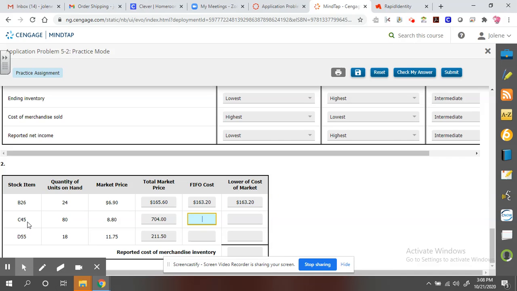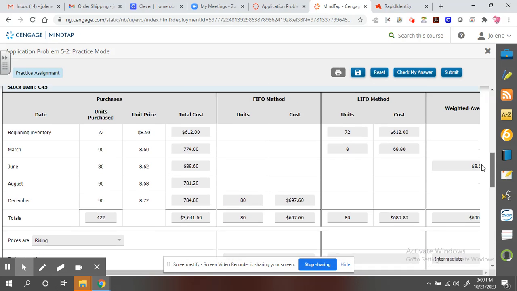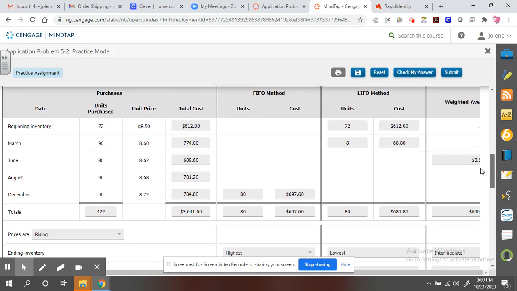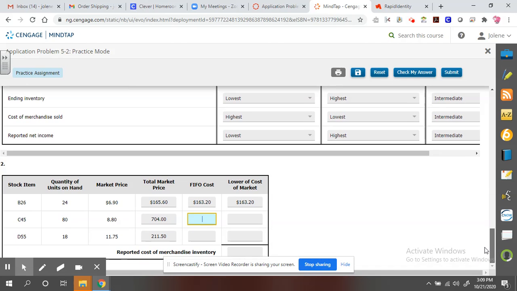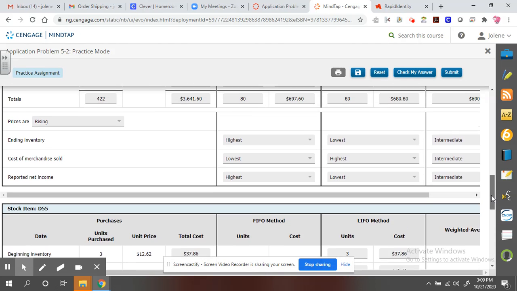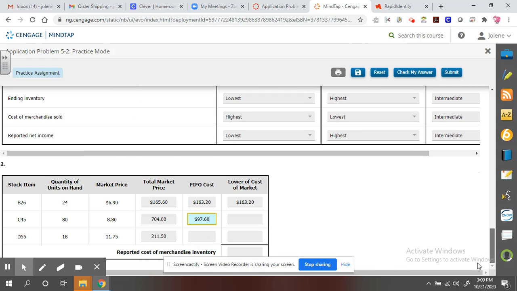Now I got to go up to the second product and find out what that FIFO dollar amount was. So that's this one, and it was 697.60 right here. 697.60, right? Okay.